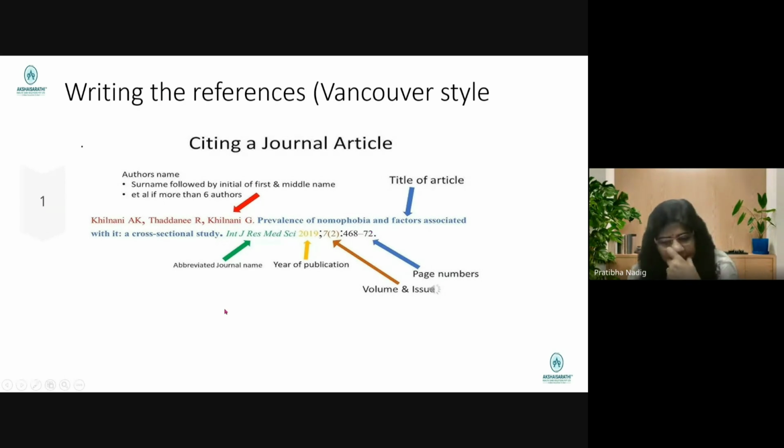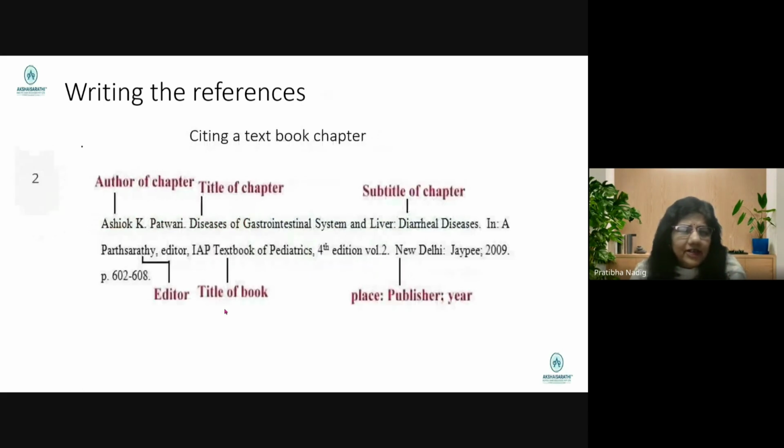And Vaishnavi will tell us about the use of some AI tools for this citation. Citing a textbook chapter will be similar, but a little different. You write the author of the chapter, title of the chapter, subtitle of the chapter, then editor of that textbook, edition, volume, and publisher with year and page numbers.